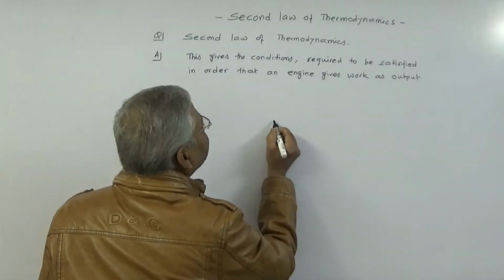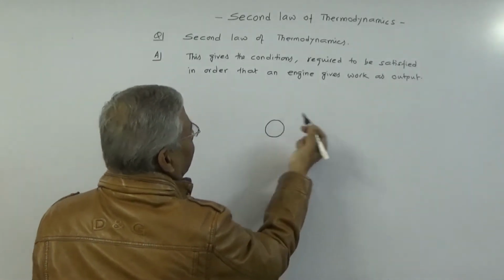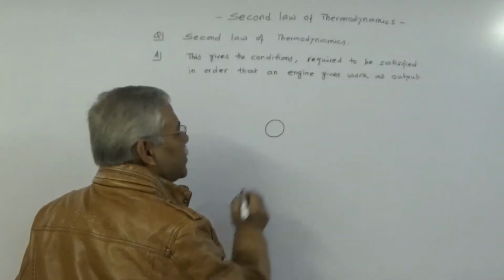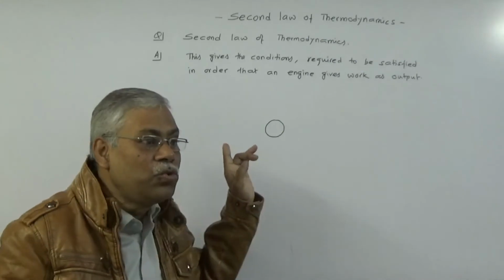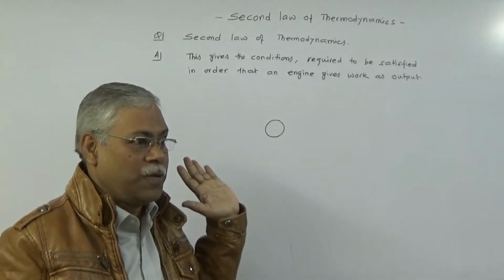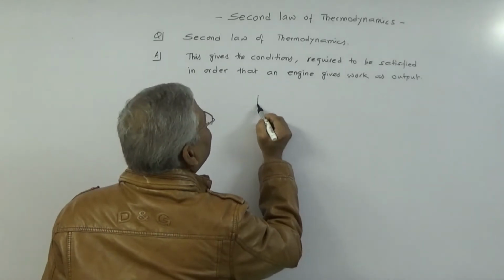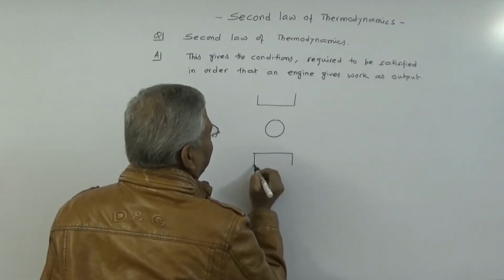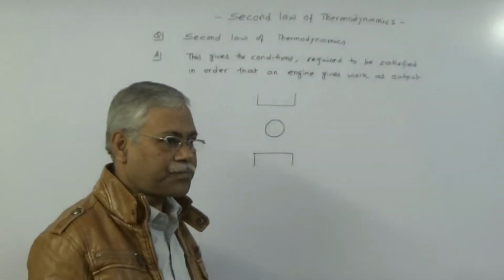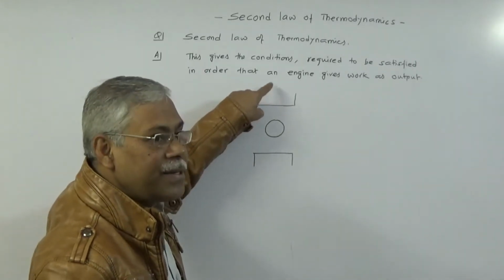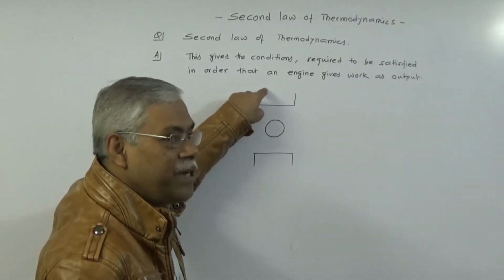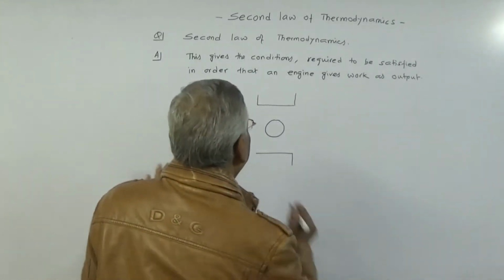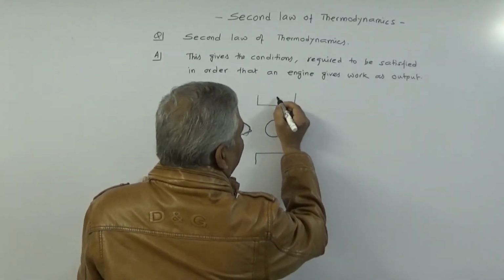This is the engine, a body. For this engine to give you work as output, there have to be two bodies, and one body must be at a greater temperature than the other body.